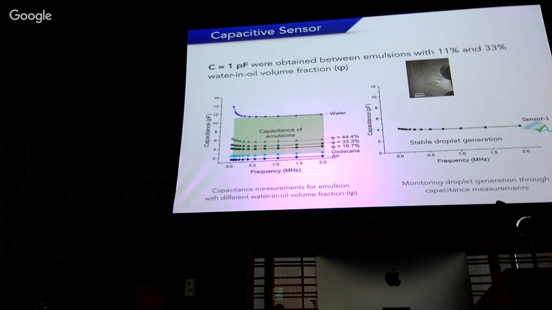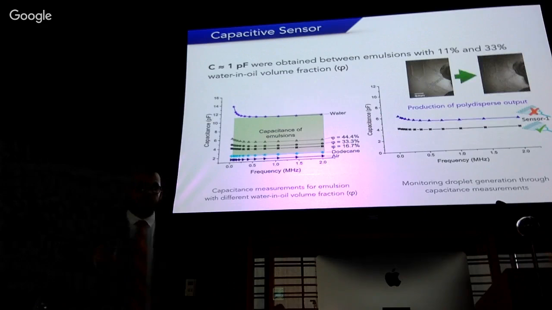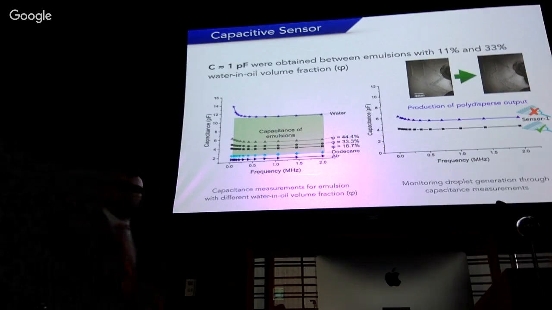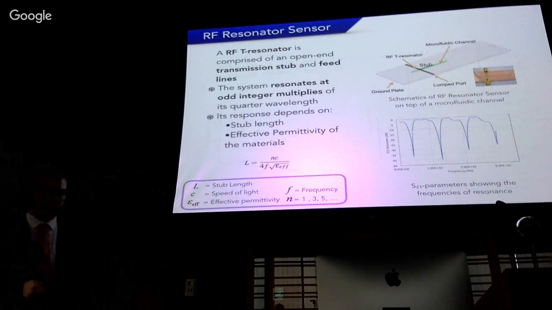Imagine you are monitoring stable droplet generation, and it has a capacitance that is stable, that looks something like this. And then, for some reason, your device fails and starts producing polydispersed output. Then you'll see a shift in the capacitance that will send an alarm, and then you can take corrective action. You can stop, or you can automate to try to avoid this polydispersed undesirable product reaching further down the line of production.